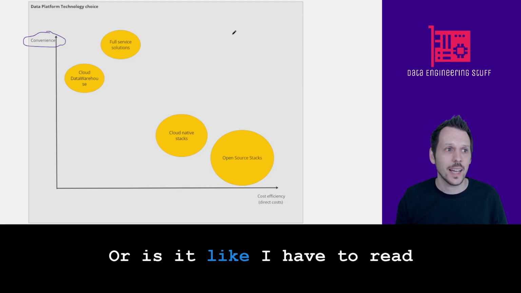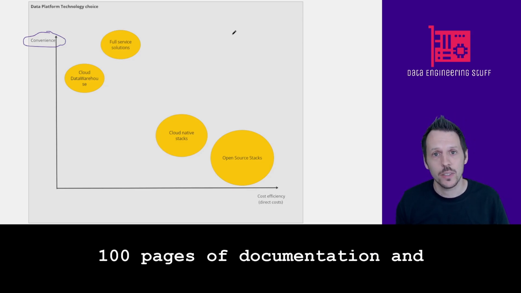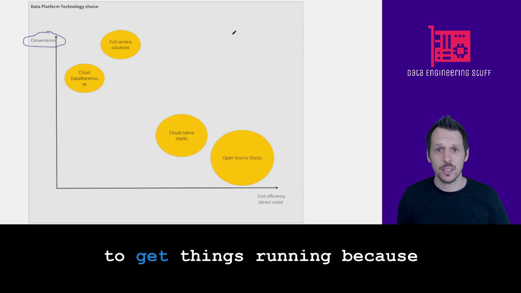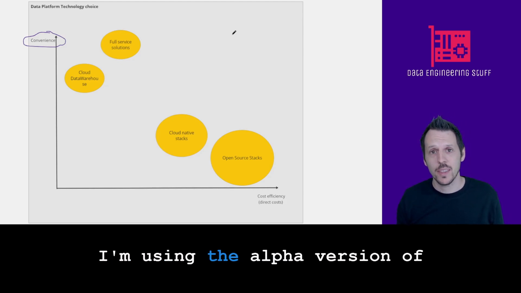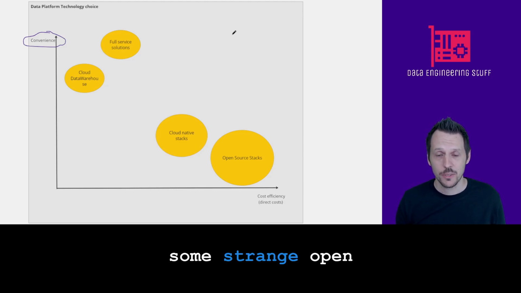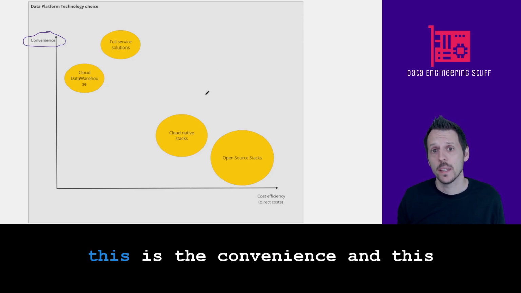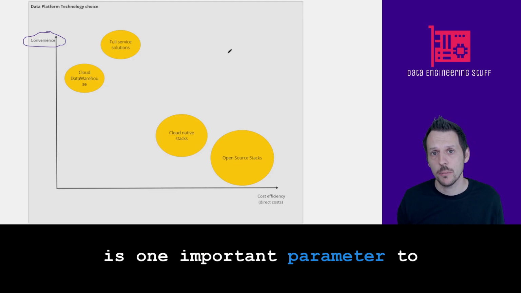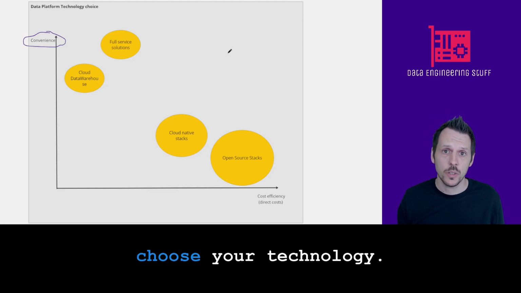Or do I have to read 100 pages of documentation and do upstream bug fixing to get things running because I'm using the alpha version of some strange open source project? This is the convenience, and this is one important parameter to choose your technology.